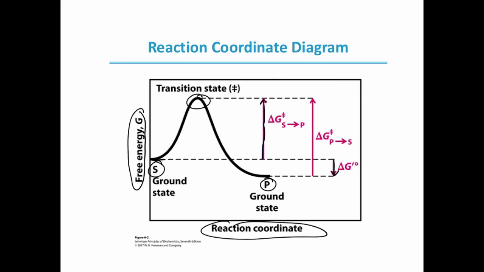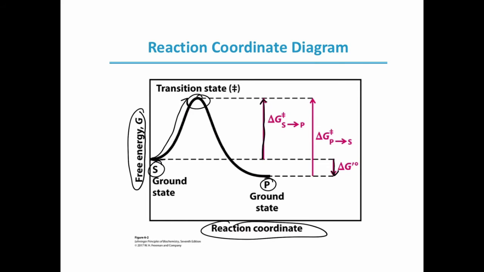In order for the reaction to take place, the substrate molecules must overcome this hill, this energy barrier, and therefore must be raised to a higher energy level. At the top of the energy hill is a point at which decay to the substrate or the product is equally probable. It is downhill either way. This is called the transition state.